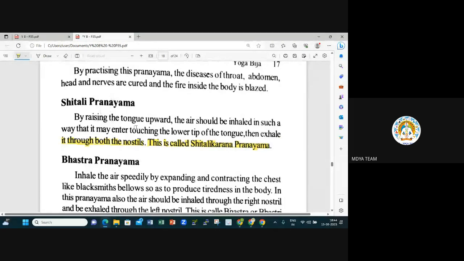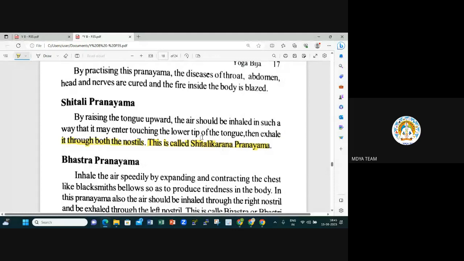Here by raising the tongue upward, the air should be inhaled in such a way. Okay, just try to remember that the normal way we are doing rolled, but here raising the tongue upward. Raising the tongue upward, in which practice are we doing that? Khechari. Yes, most probably here they are just trying to tell.